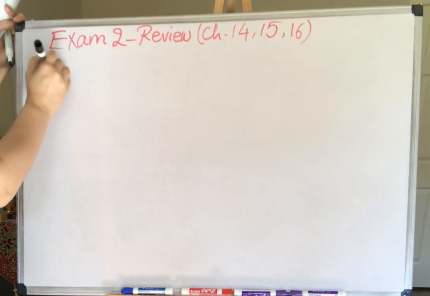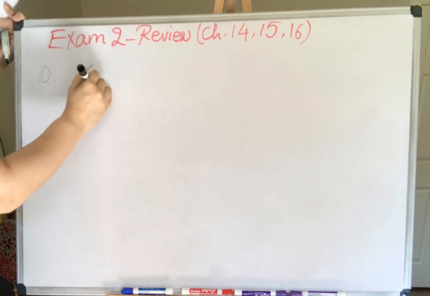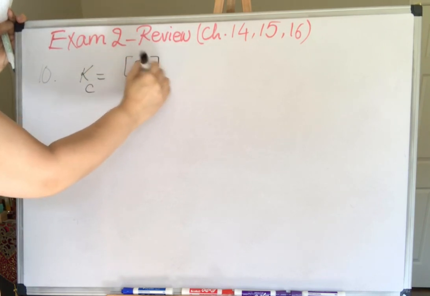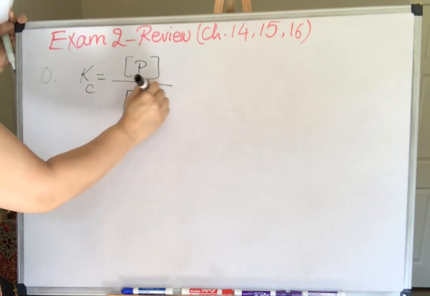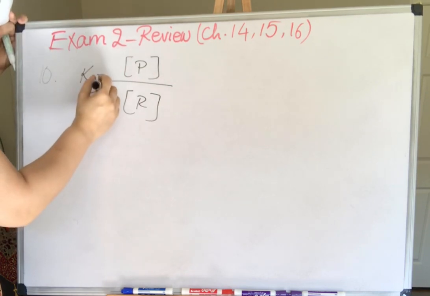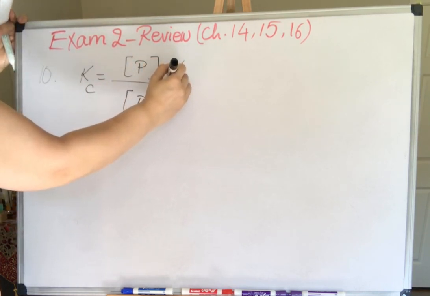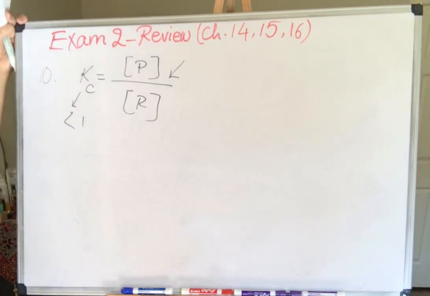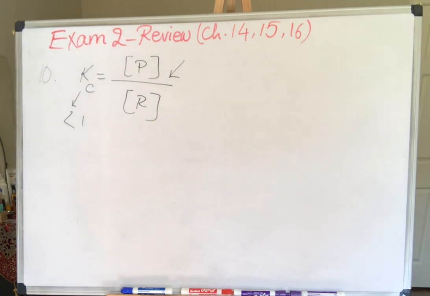When the equilibrium constant Kc is smaller than 1, Kc is products over the reactants, right? So when the equilibrium constant is smaller than 1, the reaction mixture contains mostly reactants at equilibrium.